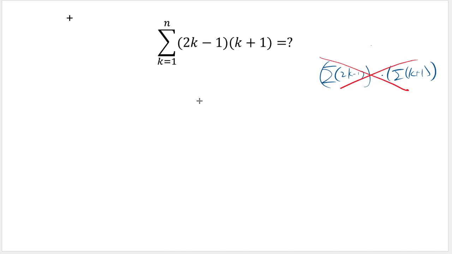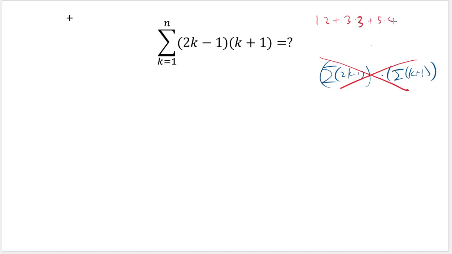So, the reason that the sigma notation is hard is because it's written in shorthand, and therefore to understand what's going on, you have to be able to go back and forth to what's really being done. So when k is 1, you have 1 times 2 as the very first term, and then when k is 2, it's 3 times 3, sorry, when k is 2, this will be 3, right?